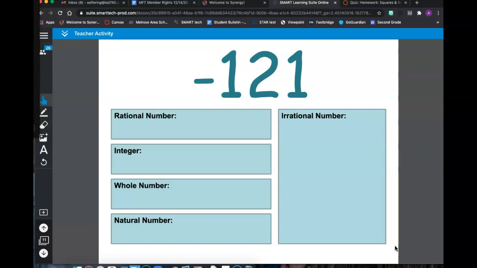Okay, so this is going to be the last one we do. This one is a rational number. It's also an integer. Okay, we cannot naturally count to negative 121. Whole numbers can't be negative, so it just fits in those 2.